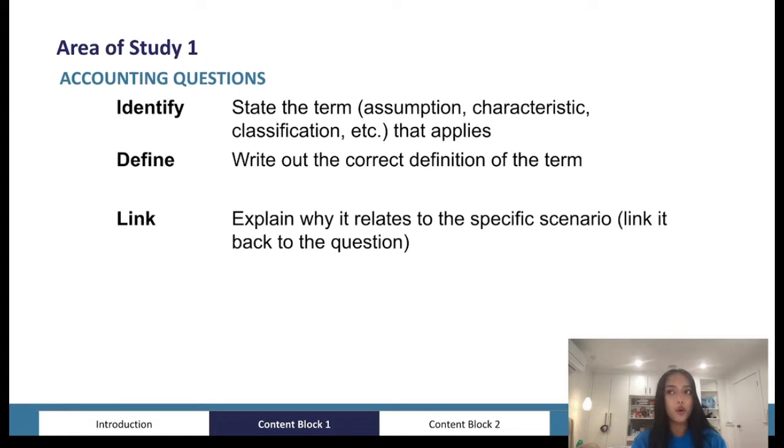You need to know all the qualitative characteristics, and you need to know the definitions for all of the characteristics. And the same goes for the accounting assumptions and for the accounting elements. So assets, liabilities, and that's current and non-current as well. The definition of owner's equity, the definition of revenues, the definition of expenses. So you need to know all of those definitions.